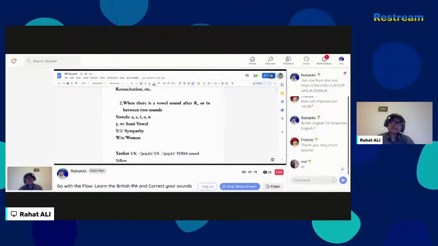And the letters Y and W are also called semivowels because of their sounds.